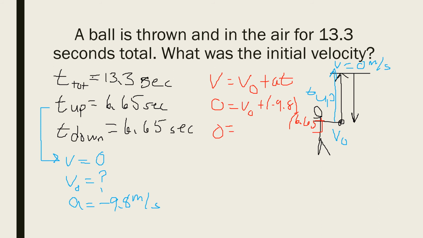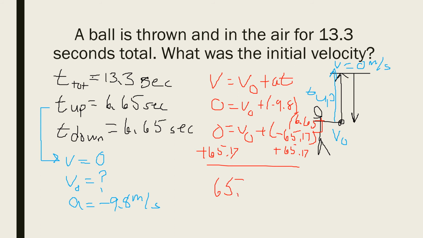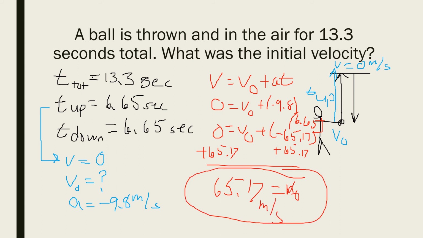So 0 equals V naught plus negative 65.17. Add that to both sides. There you go. You got your V naught.